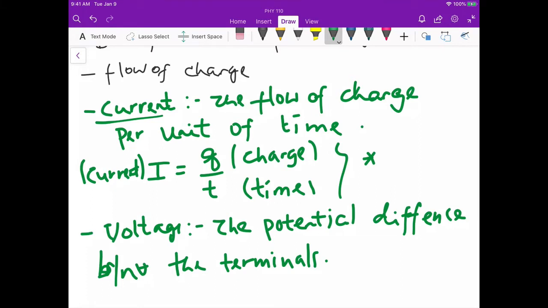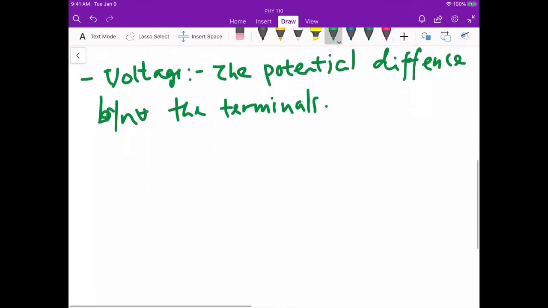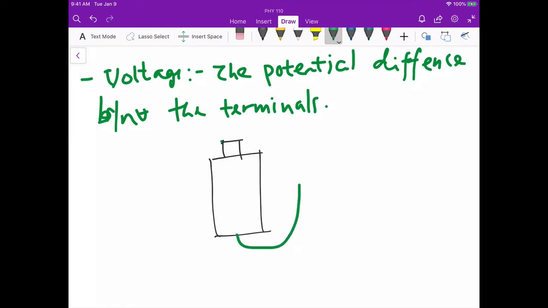As an example, let me put it this way. Let's have the battery by itself like this, and then take the wire and connect it to the battery without having the bulb. What do you think is going to happen?